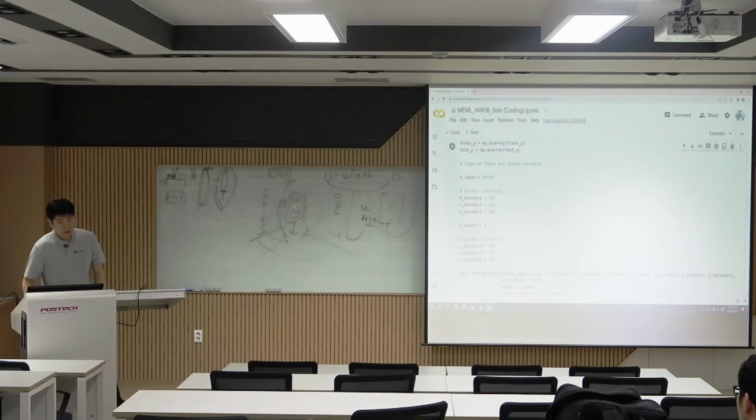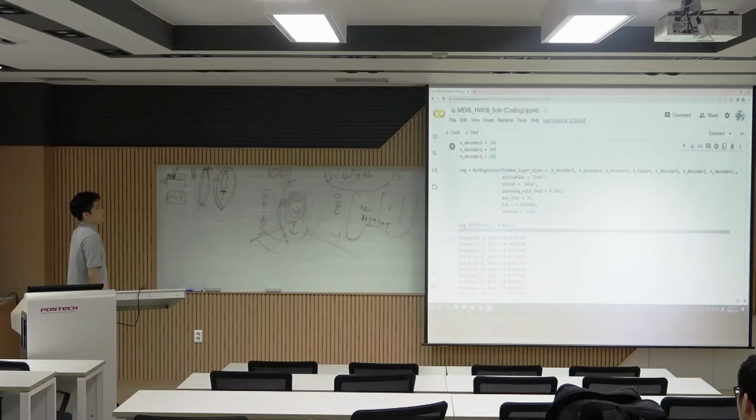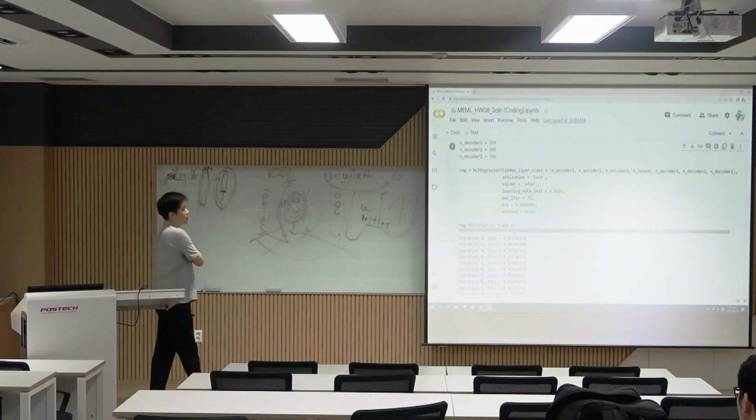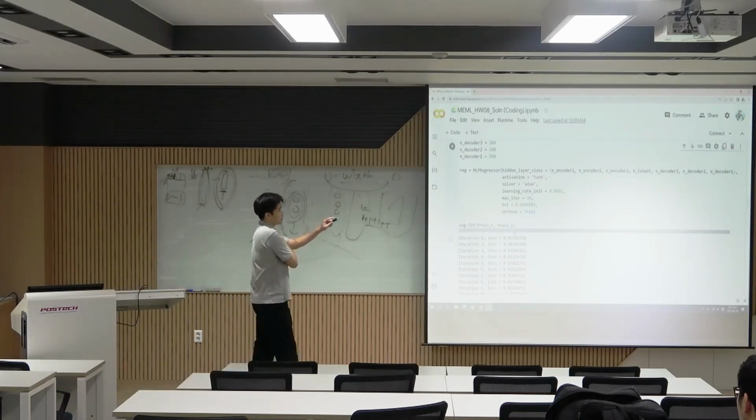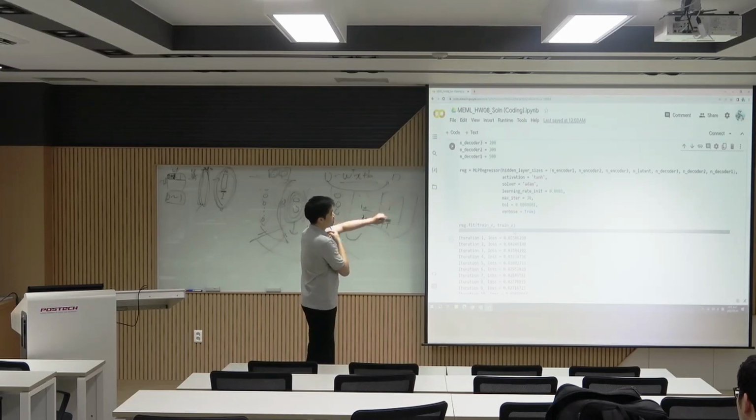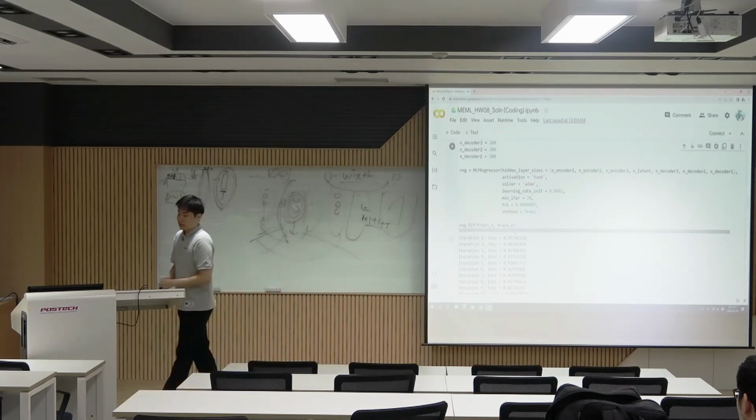And the decoder part is the same. We defined all the hidden layer sizes, and we're going to use the tanh activation function, the Adam optimizer, and the rest is the same.